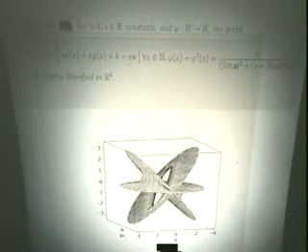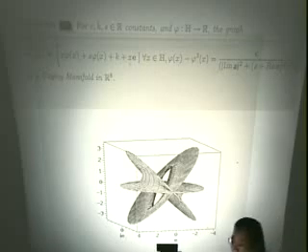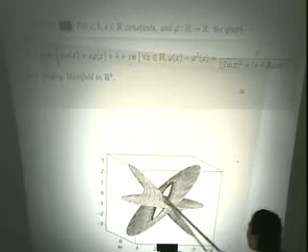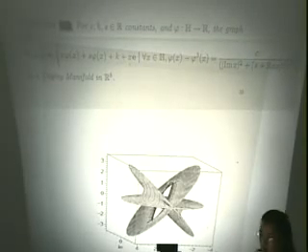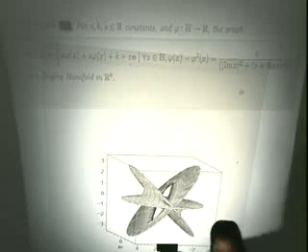Okay. Like in the second example, this is also implicitly defined, and it actually has several branches. One branch here, one branch there. But it is still complete. It goes to infinity.